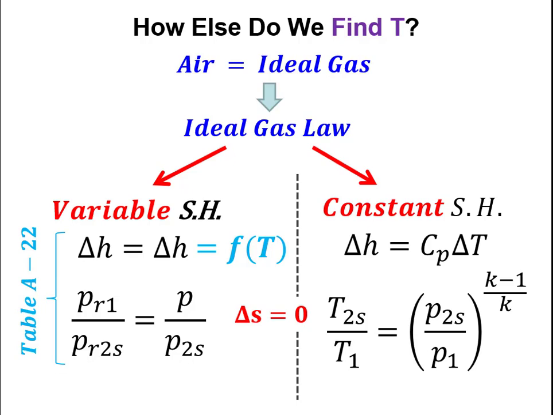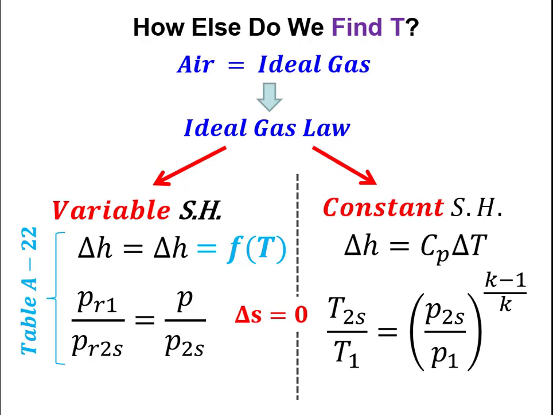Now, we'll use slightly different equations for the isentropic processes in Brayton cycles because we're trying to find delta h. But still, we have two choices here. Are we talking about variable specific heat, where we'll look things up on table A-22, or constant specific heat, where we'll simplify delta h to be equal to the specific heat times the change in temperature?